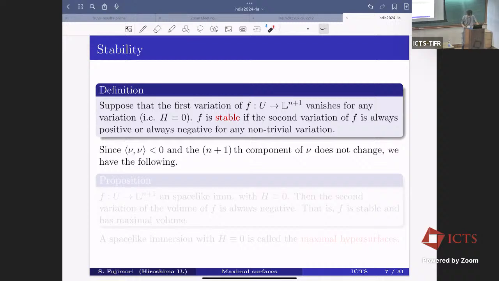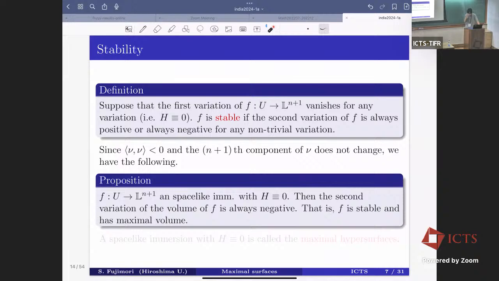So the sign of the first component of nu does not change. We have the following. Let f be a space-like immersion with vanishing mean curvature. Then the second variation of the volume is always negative. So that is, f is stable and has maximal volume. Okay.